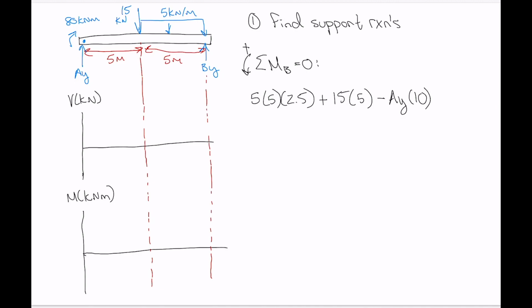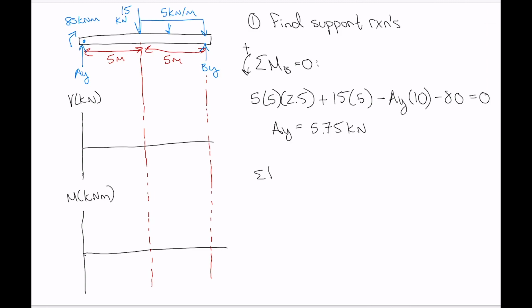So it creates a moment about point B of 80 kilonewton meters in what we've defined as the negative direction. So it needs to go in our equation just as minus 80 equals 0. Okay. And out of that, then, we get a value for AY, which is 5.75 kilonewtons.